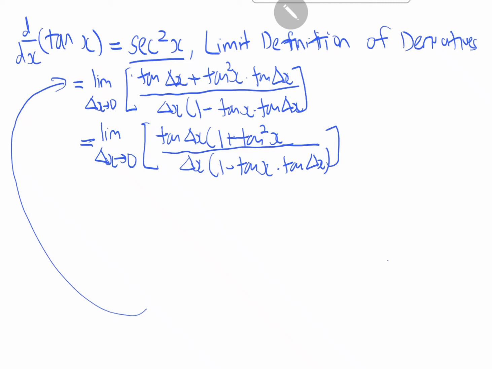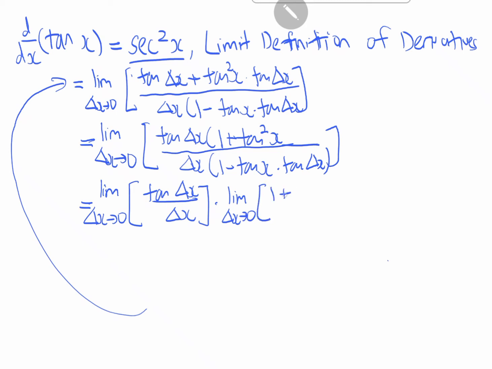So from here we can do the splitting for this part. So you get limit delta x goes to 0, tangent delta x over delta x times limit delta x goes to 0, 1 plus tangent square x over 1 minus tangent x times tangent delta x.